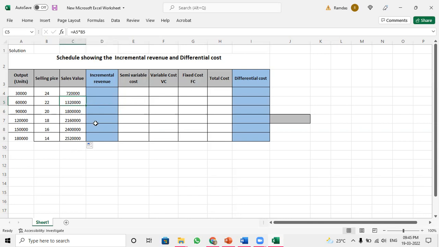So as such, we would be calculating the revenue. Now let's calculate. The first is nil. The second would be the increase in revenue. The increase would be the current level of activity minus the previous level of activity.